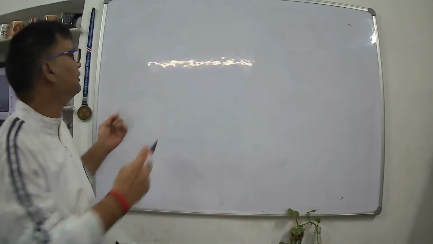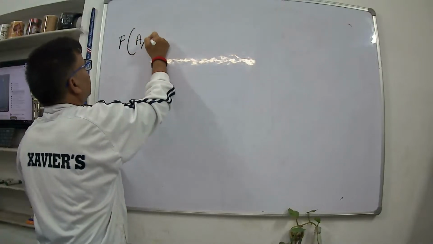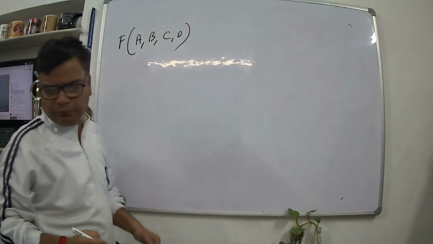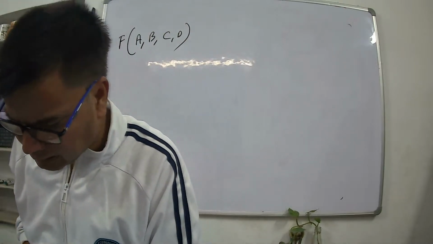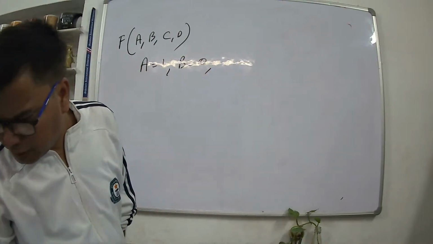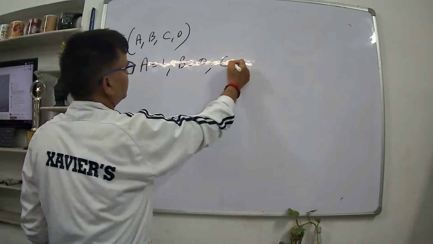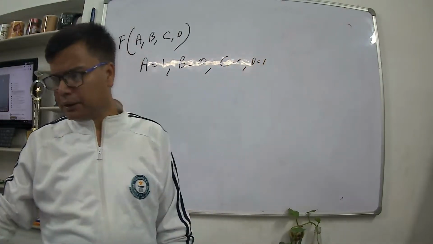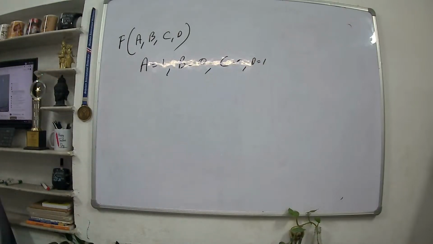Write the min term of F(A, B, C, D) when A equal to 1, B equal to 0, C equal to 0, and D equal to 1. Kindly do it. Write the min term of F(A, B, C, D) when A equal to 1, B equal to 0, C equal to 0 and D equal to 1.